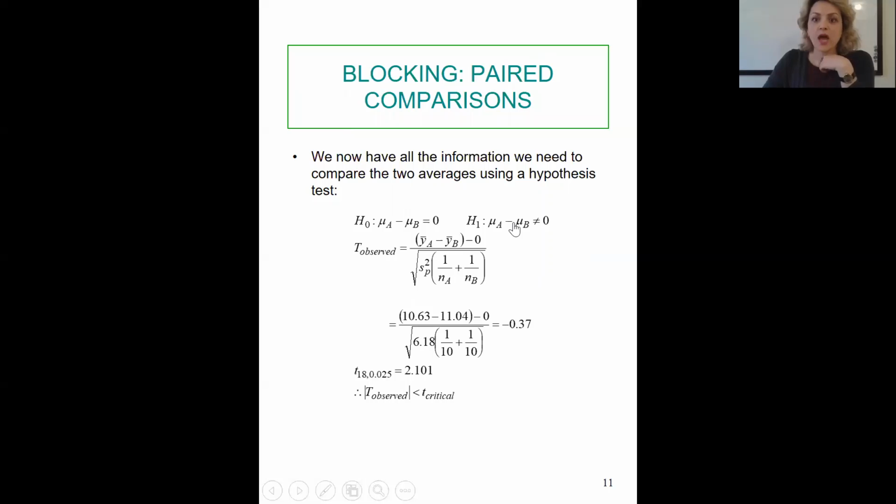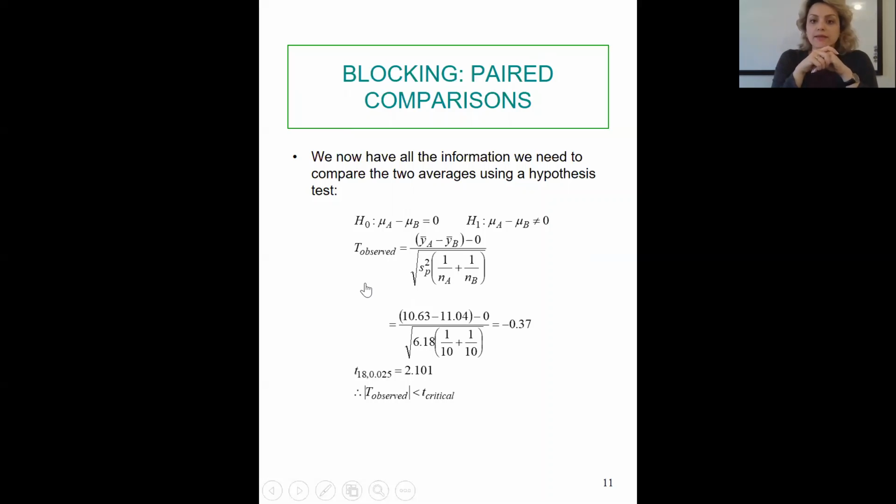For the t observed, because we have the means and the pooled variance, we can find it. The null hypothesis is that in the population the means are the same for A and B, and the alternative hypothesis is two-sided here: it's not the same.